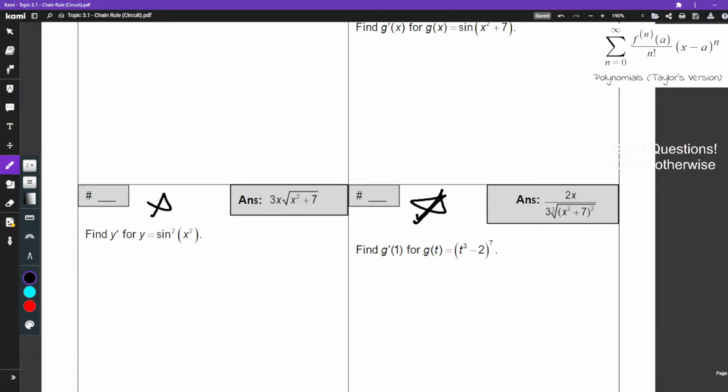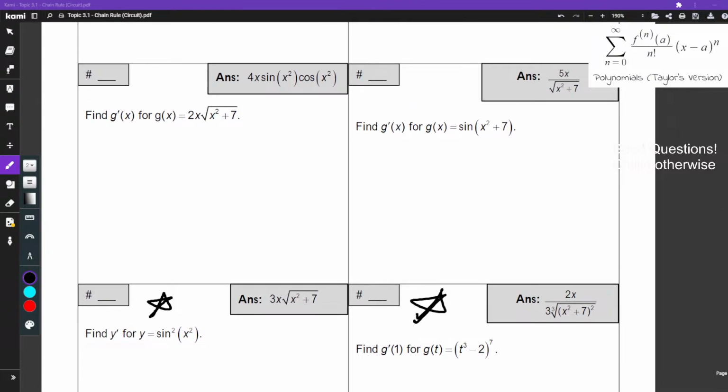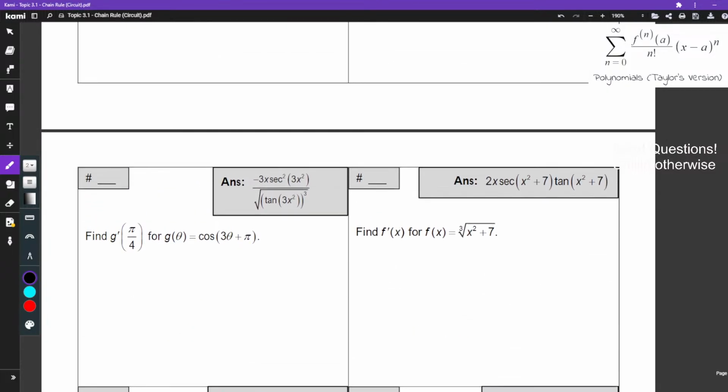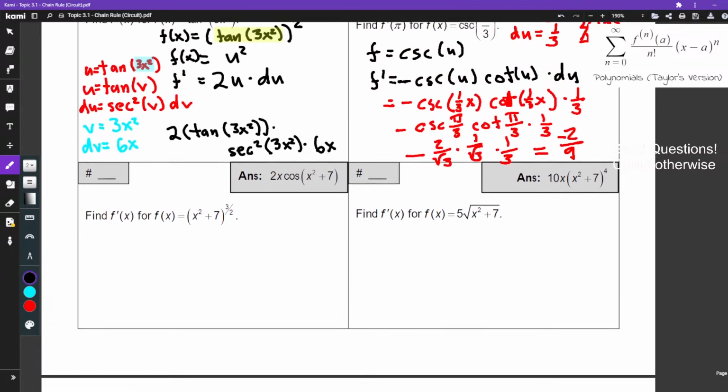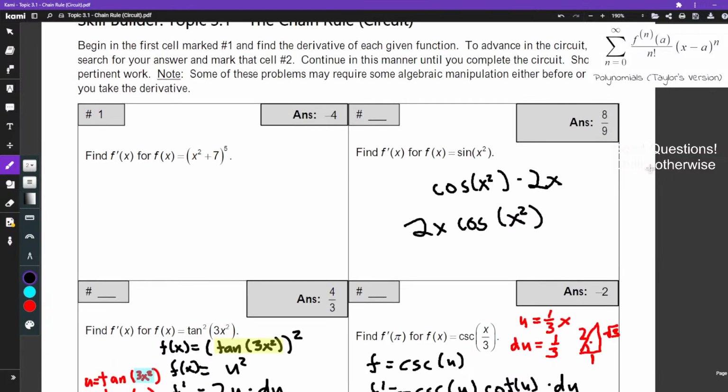This one right here. Like this, the first one, I guess, also.